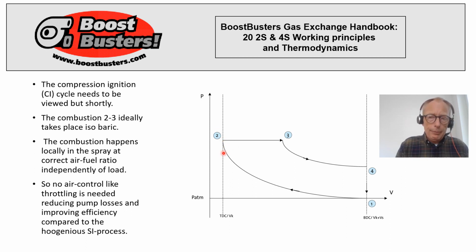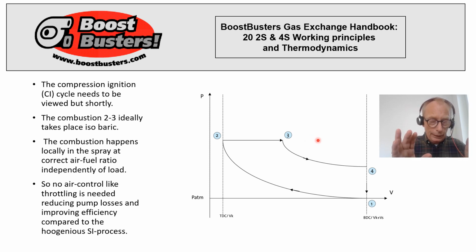So by matching piston movement in the cylinder with how much fuel is introduced, it's at least theoretically possible to keep the pressure during combustion at a constant level. This means that power is controlled in a compression ignited engine only by fuel.